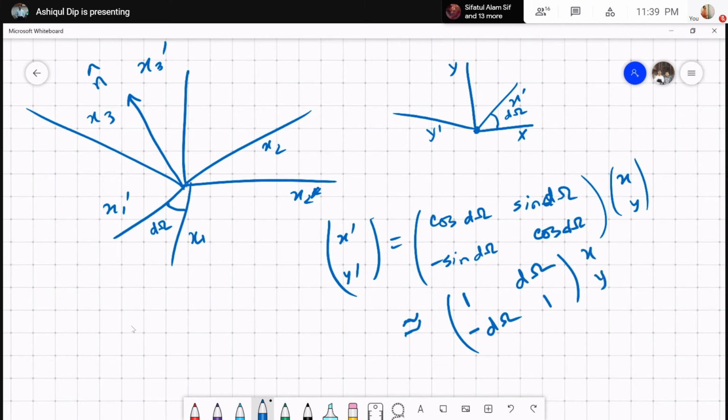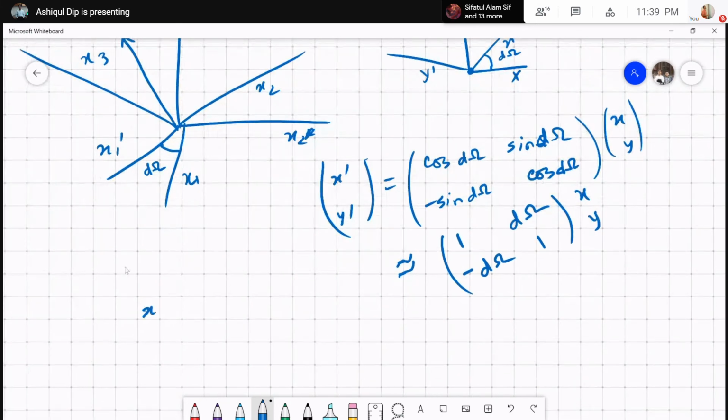So if we expand, our x prime is approximately x plus y d omega, right?